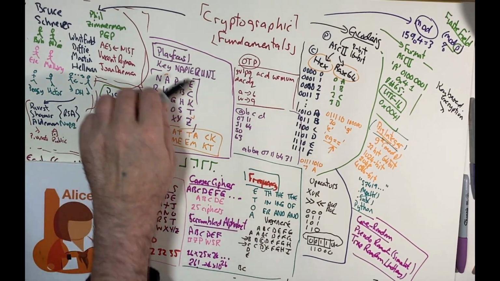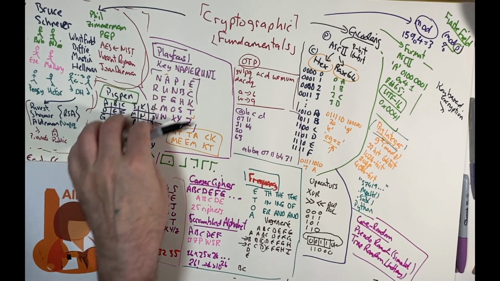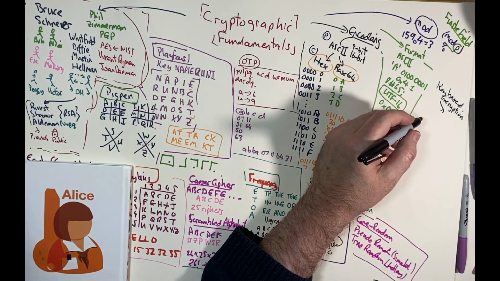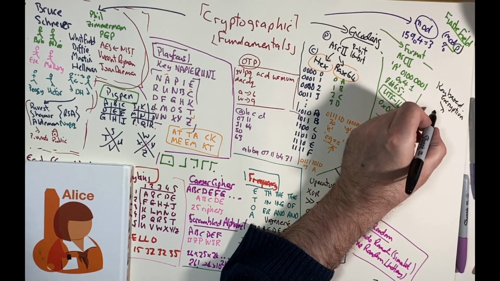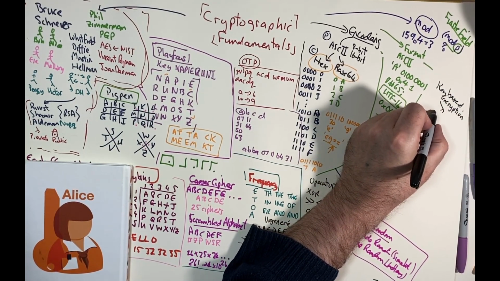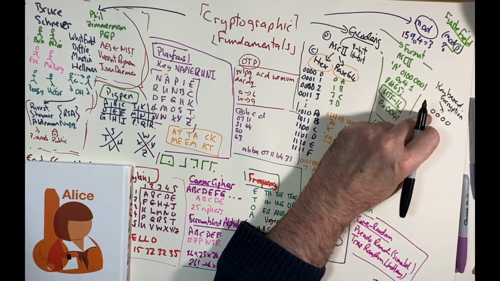But if we use a key, it becomes more difficult for Eve to try and discover the key that's been used. So in most cases with encryption, what we use is key-based encryption. And for that, we create a number of bits to represent our key.